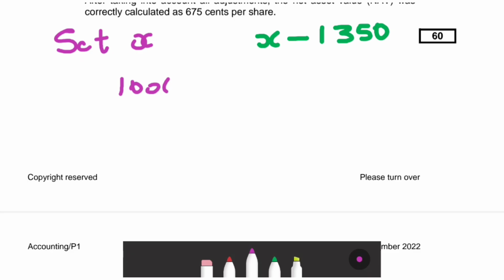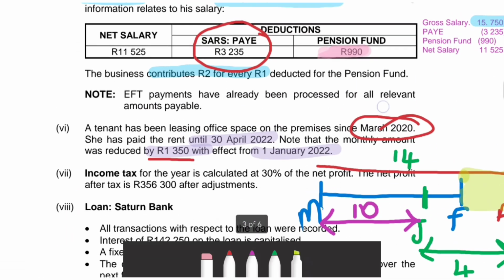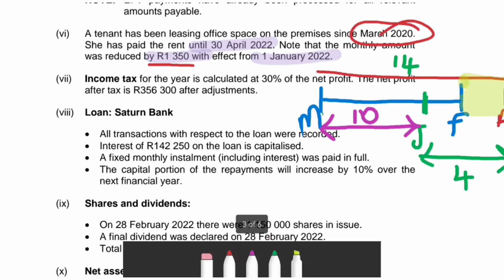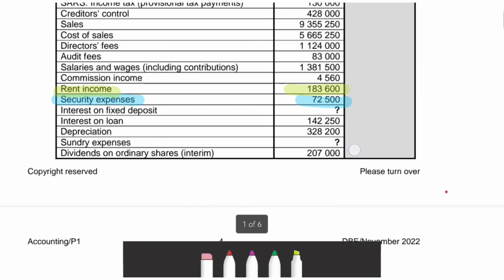10x, this is X received 10 times, plus X minus 1,350 received 4 times. And we know that the sum of the total rent that we have received from the start of the financial year to 30 April is 183,600.